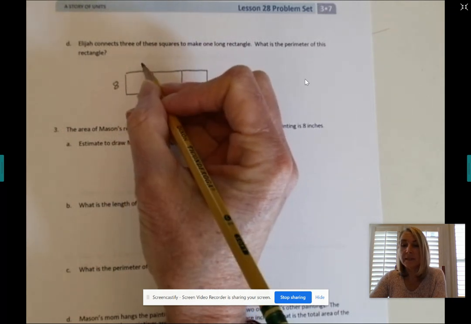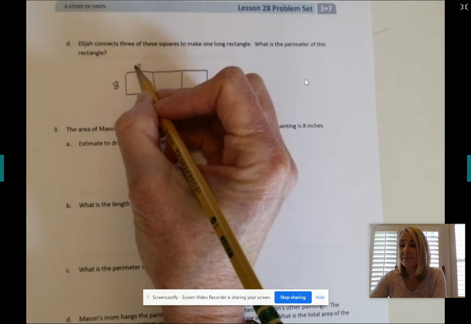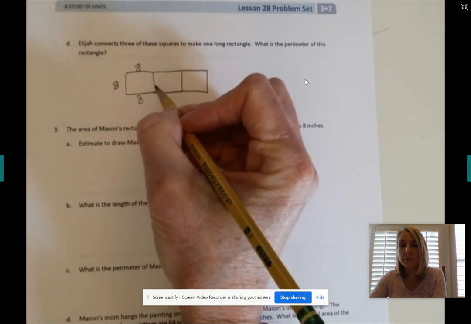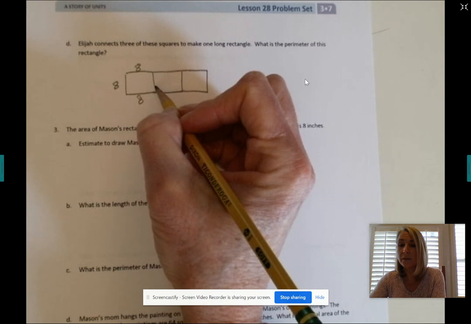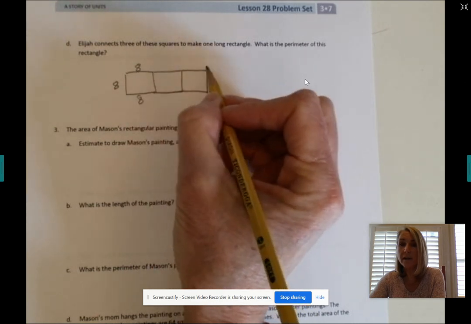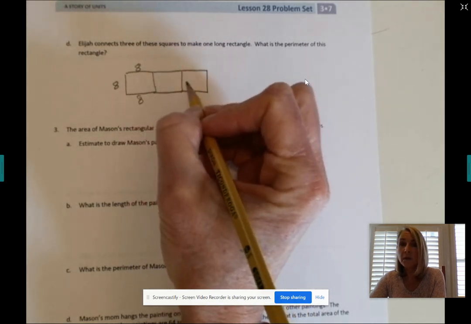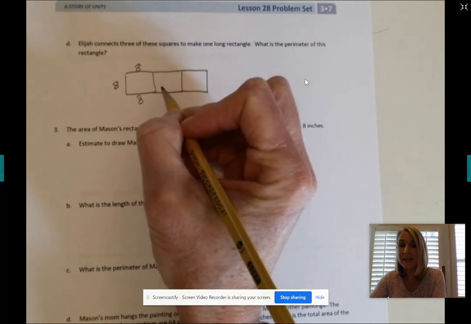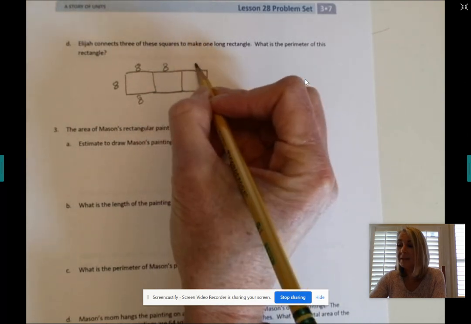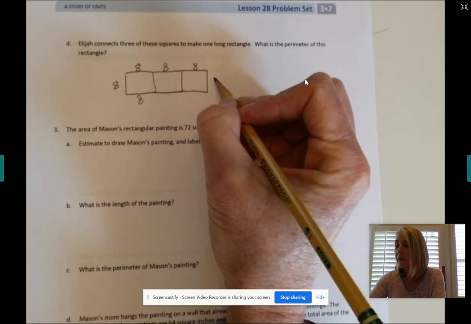What does it mean this side is? 8. Do I label this side? Because it is part of the square, I don't. Don't fall into the inside trap, right? We are only doing the perimeter of this one long rectangle. So we are not going to label these inside side lengths because it's not part of the perimeter, okay?